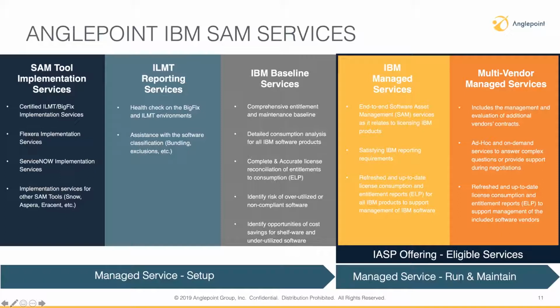A managed service means that we're engaged on an ongoing basis to provide and refresh the reports, check on the health of ILMT or an alternative subcapacity tool that's been approved, and work on an ongoing basis to optimize the environment.